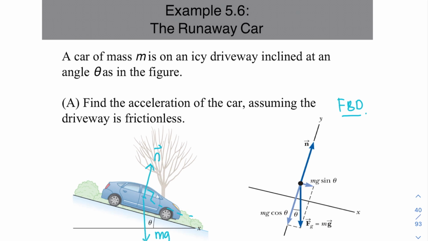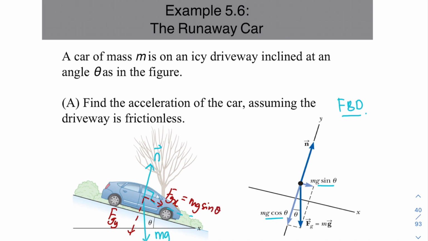Is there any other force acting on the car except normal and weight? No more. How about this? This is actually a component of Fg or mg. So here this is Fgy, and here we have Fgx, which is equivalent to mg sin theta.